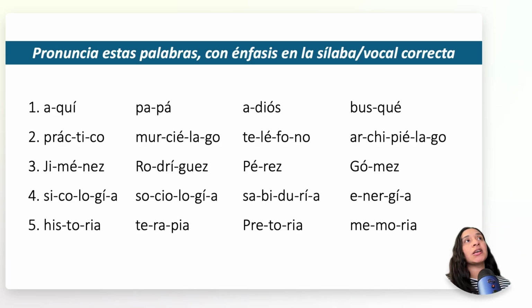It's gonna be great. So the first set of words are aquí, papá, adiós, busqué. I'm gonna say them one more time. So aquí, papá, adiós, busqué. The second set of words. So we have práctico, murciélago, teléfono, archipiélago.